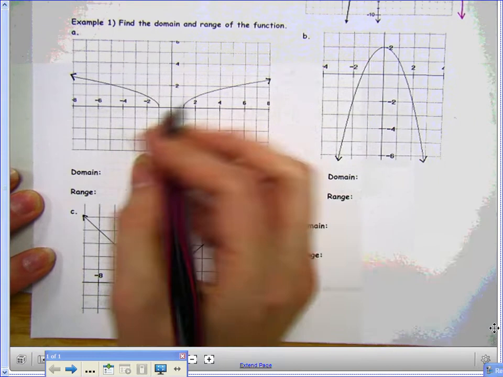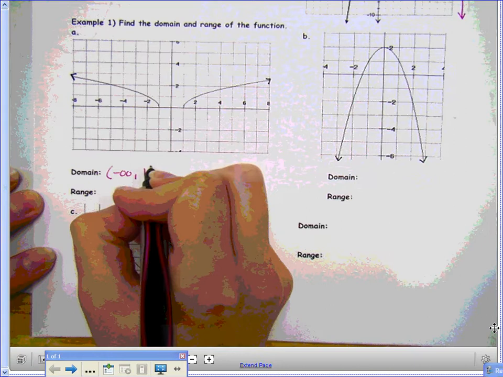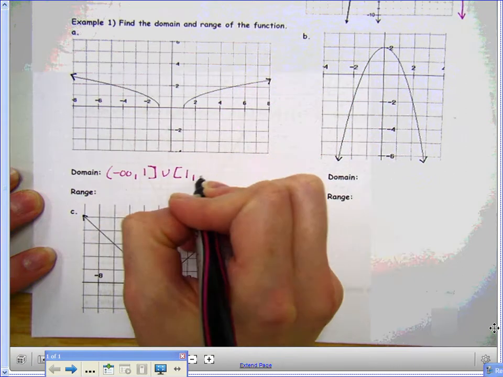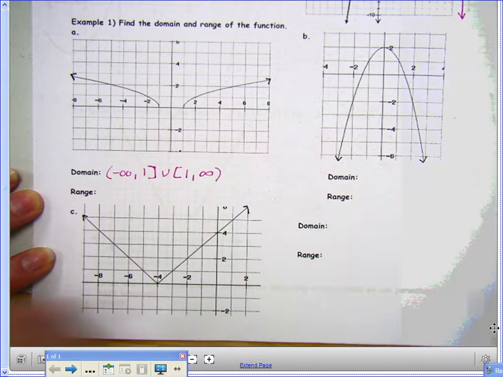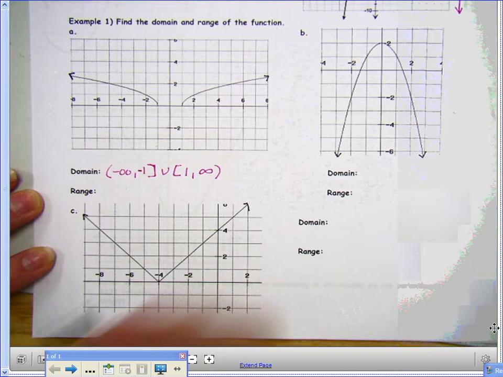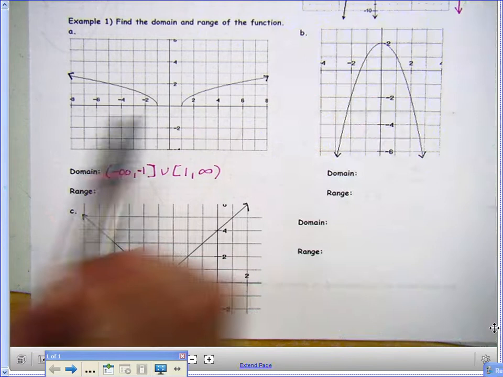So I know my domain is going to be negative infinity, comma, negative 1, bracket, union, bracket, 1 to infinity, because there's no open circle there. Negative 1, yes, you're right, thank you. Because we have a gap in between those points.